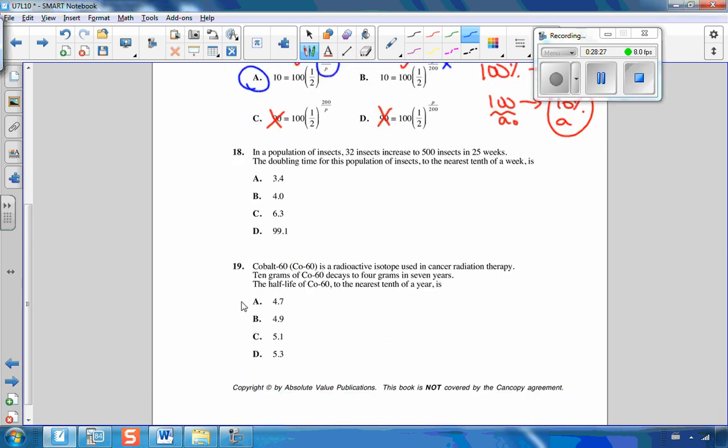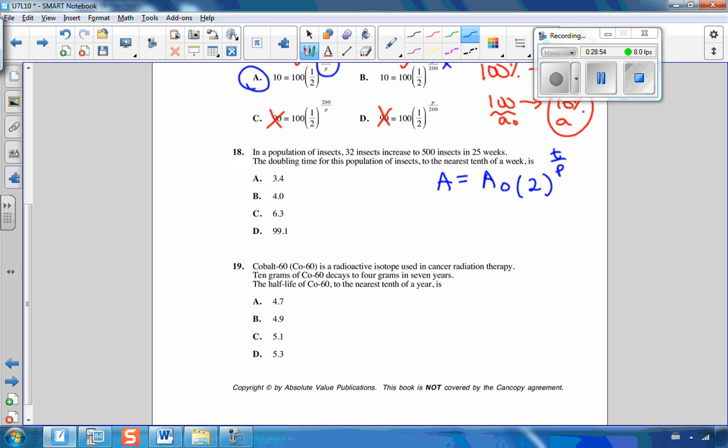Okay, in a population of insects, 32 insects increase to 500 insects in 25 weeks. The doubling time for this population of insects to the nearest tenth of a week. So we're solving for doubling time. So looking at my doubling time, let's write out the formula. So final amount is initial amount times a base of 2 to the t over p.